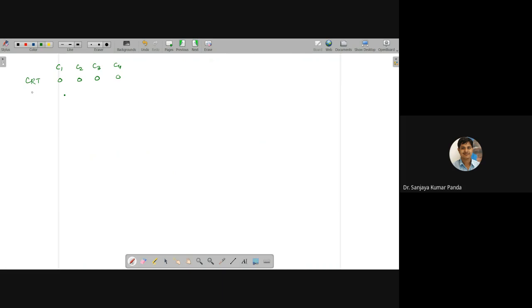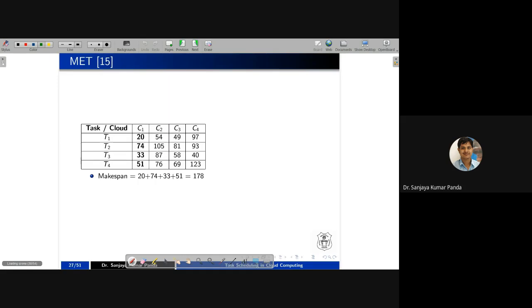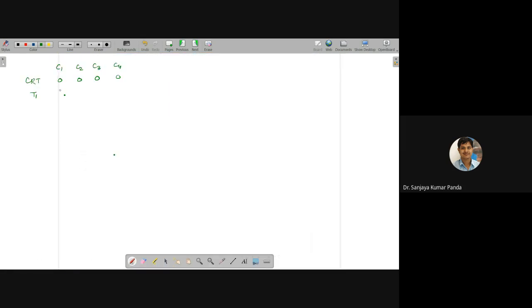Suppose task T1 is taking 20 units of time in C1, 54 in C2, 49 in C3, and 97 in C4.